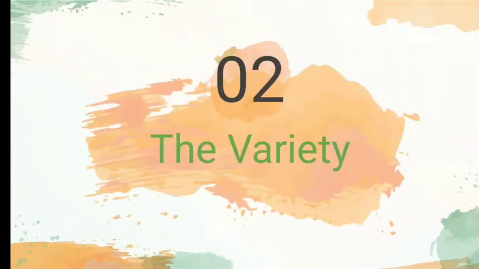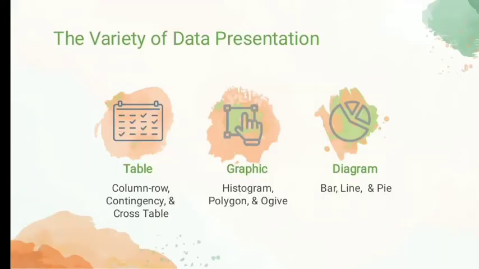Next, the variety of data presentation. The first is table, rows, and column. This table is used for data that only has one category or group. This data can be combined into one category or group as in the example below, namely the type of writing instrument and the number of each type of writing instrument.